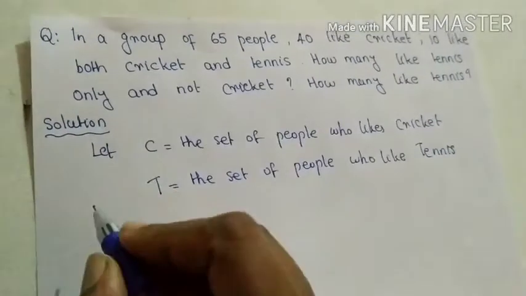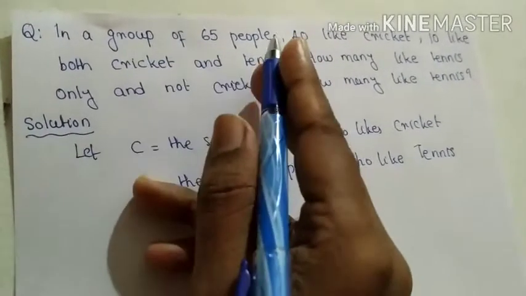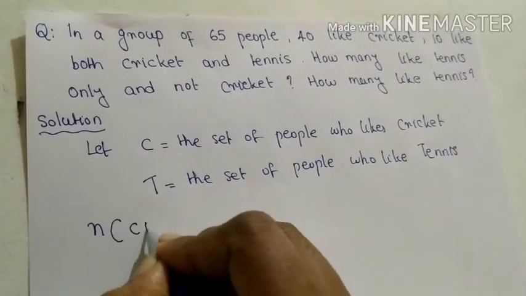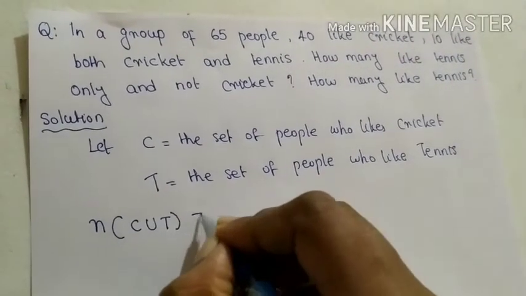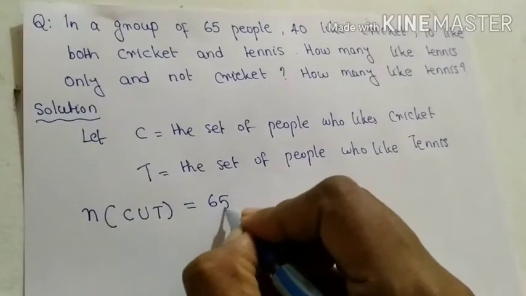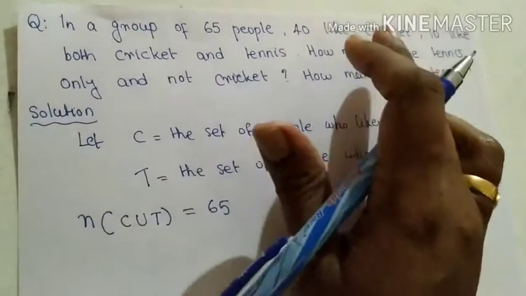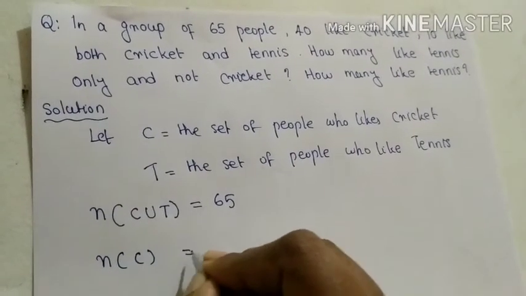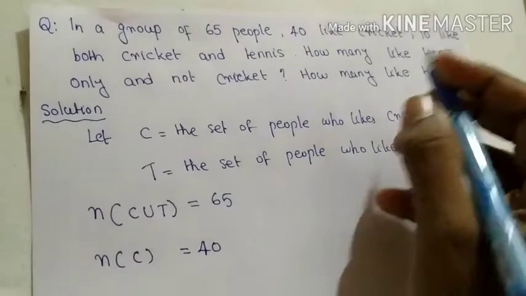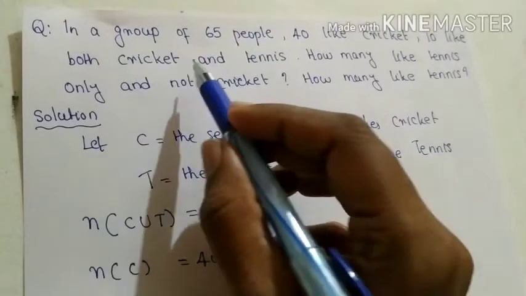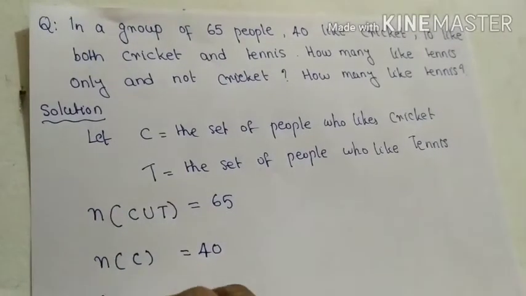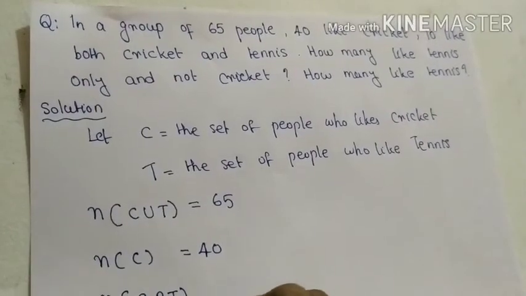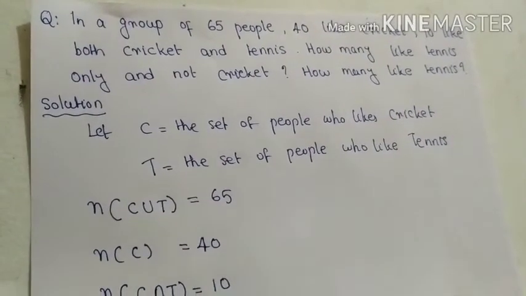Okay, so given that in a group of 65 people, that means n of C union T equal to 65. 40 like cricket, that means n of C equal to 40. 10 like both cricket and tennis, that means n of C intersection T is given as 10.